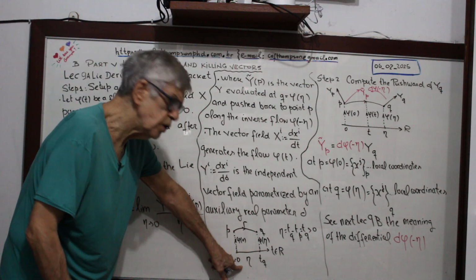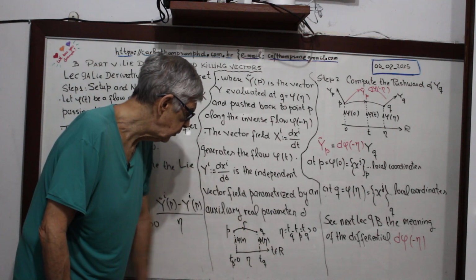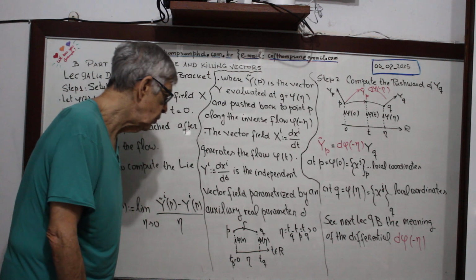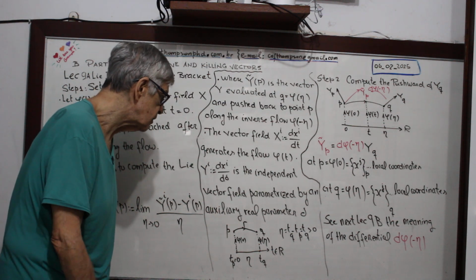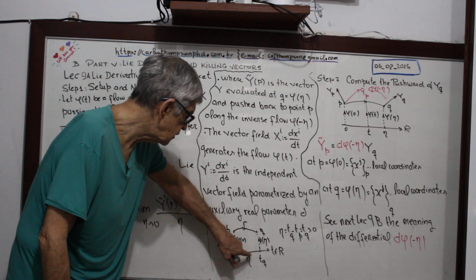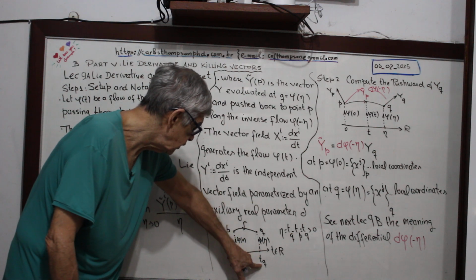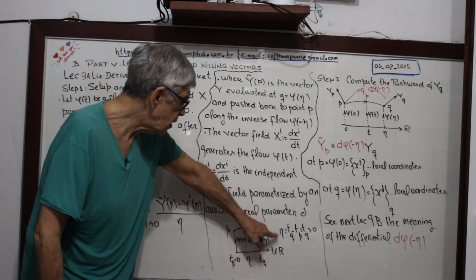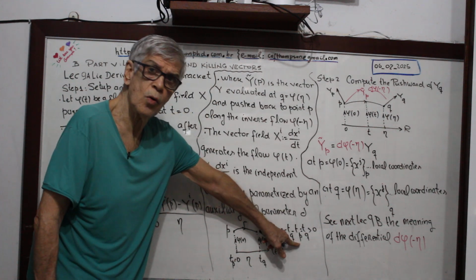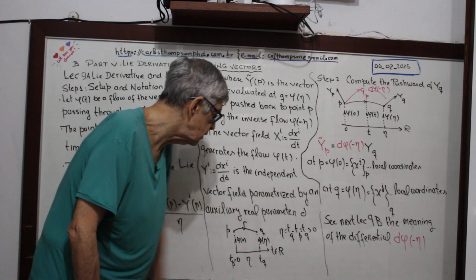t_P equals 0, the origin of the real space, is a scalar. Eta in this case is the coordinate at t_Q. Now eta is t_Q minus t_P. t_P is 0, so eta is equal to t_Q, and t_Q is greater than 0.